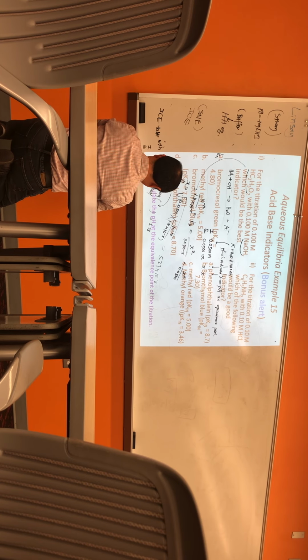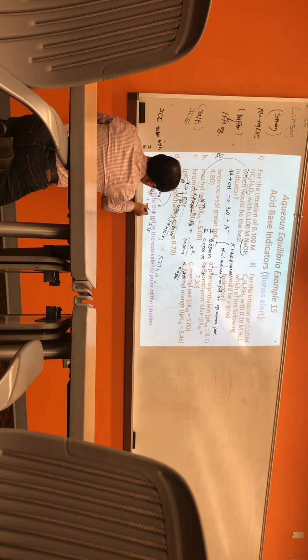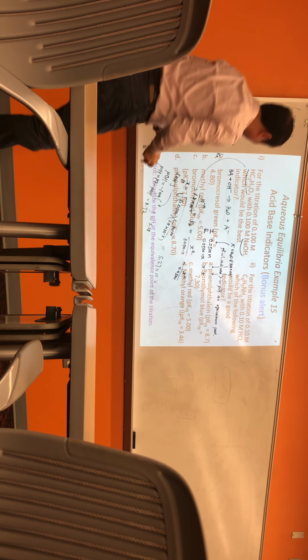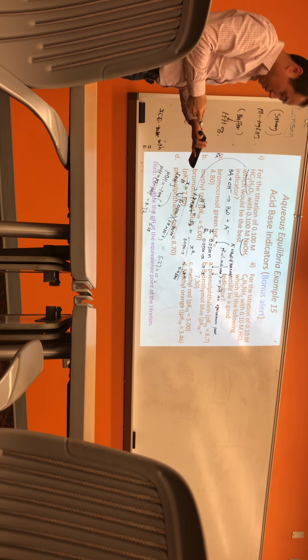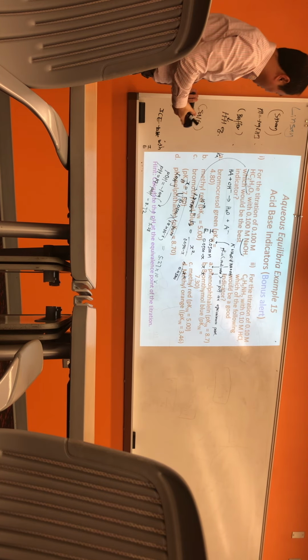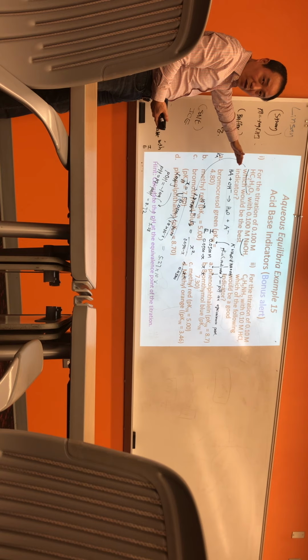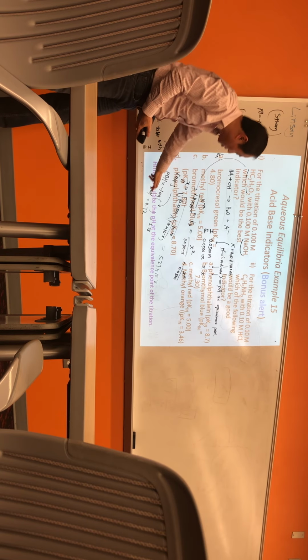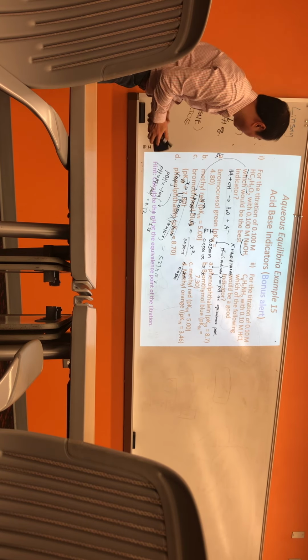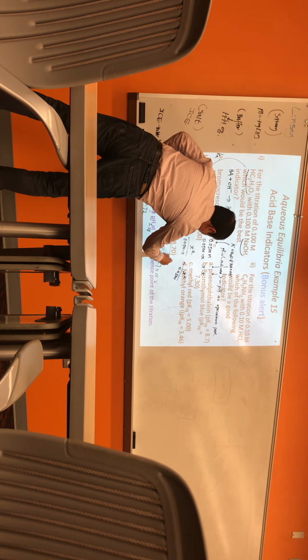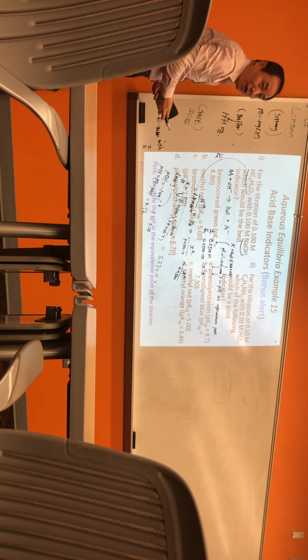So 14 minus that number is 8.72. So now you know that the pH is this number. Choose an indicator whose pKa value is similar to that. That would be phenolphthalein. So you have to choose phenolphthalein for your titration.